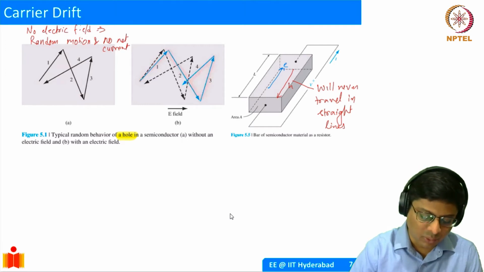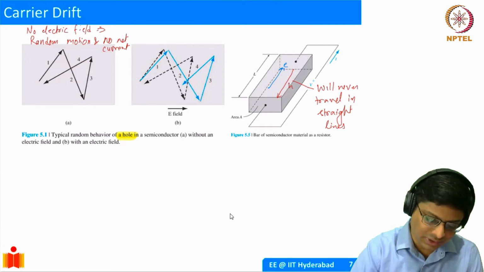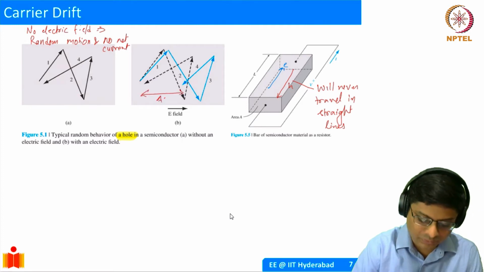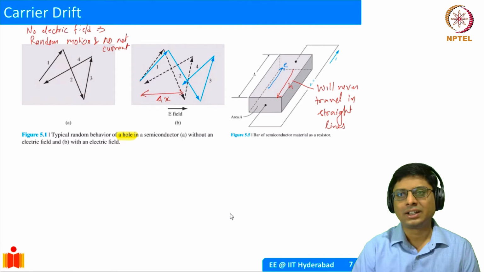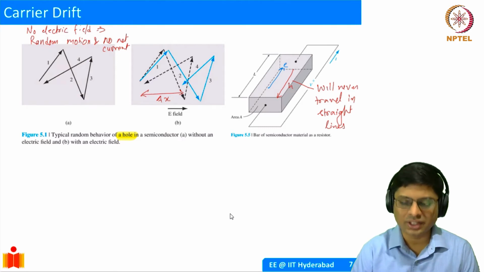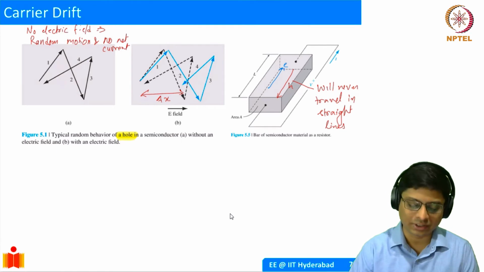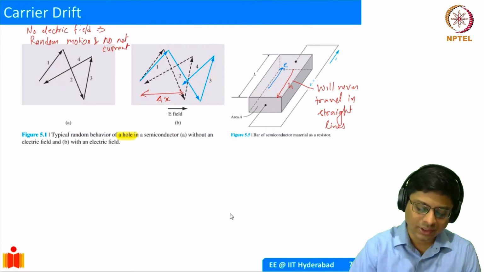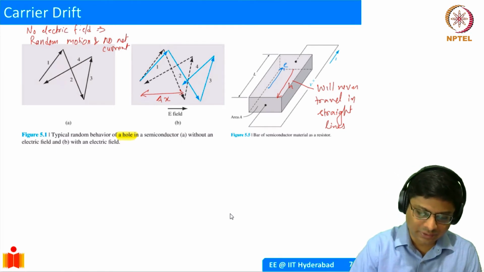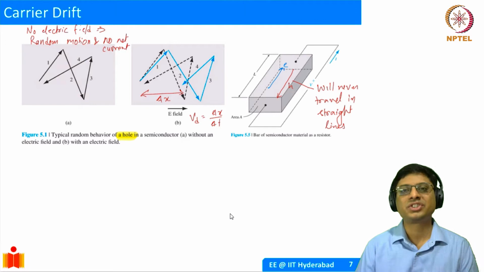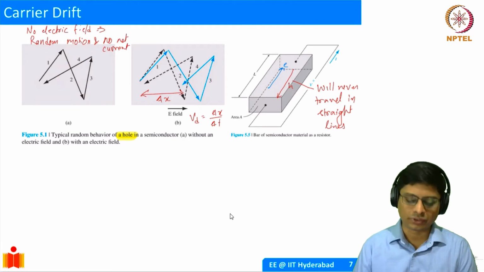The net movement is this net change in x, delta x, you could say. If you have a field, in a certain time there's going to be a change delta x. So essentially we have a velocity being created. This is called the drift velocity, which we will refer to as Vd, and it is delta x by delta t. If you give a certain duration, how much is the change in position? That's the drift velocity.